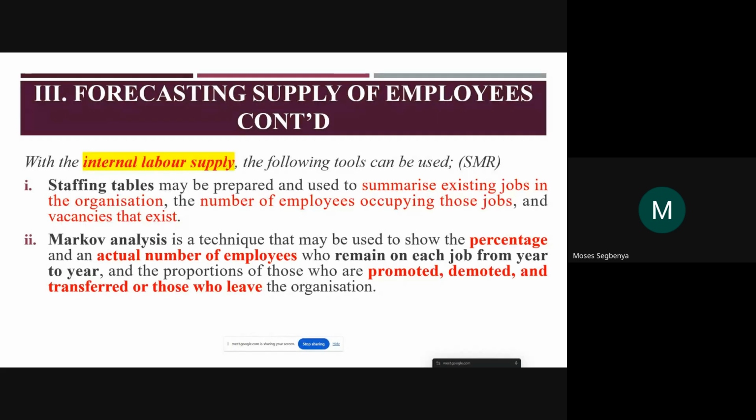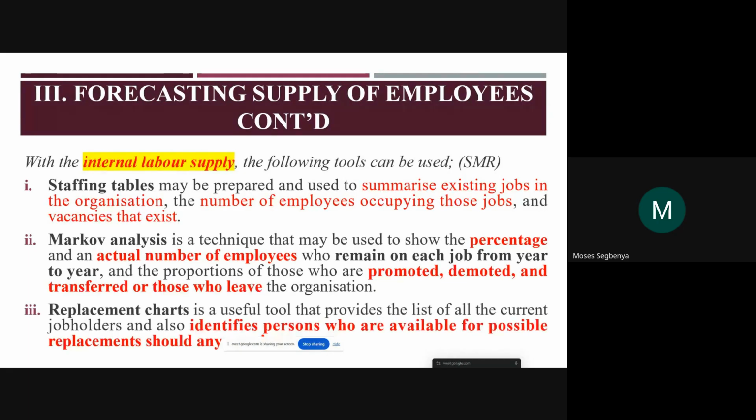If people stay on the job for a year, how many of them are promoted to the next level? Or within a year, how many people get demoted? Because demotion and promotion will create vacancies to be filled. How many people get transferred? How many people leave to join other organizations or join their husbands or wives elsewhere? Because this will give you an idea. So Markov analysis could be another way to look at it.